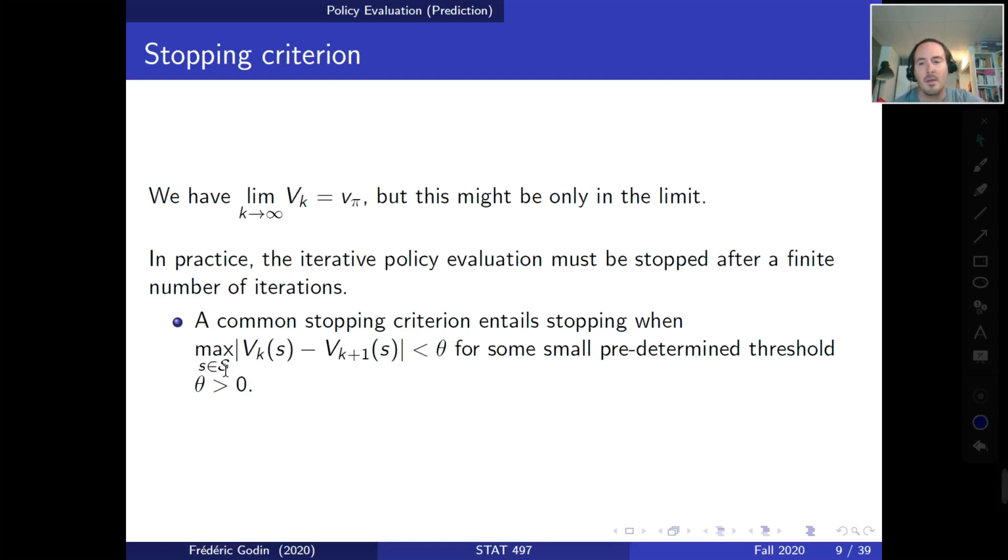When the maximum across all states of the variation of your estimate of the value function is smaller than theta, for some suitably chosen theta, then people will stop the algorithm. Theta is often called a tolerance parameter. That's nice, this allows us to have an approximate value of the value function for a given policy.